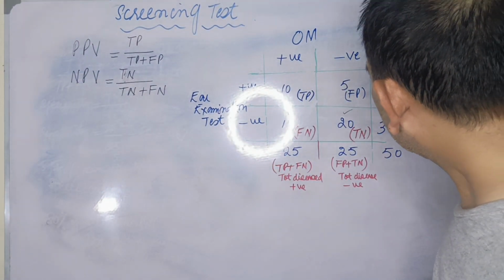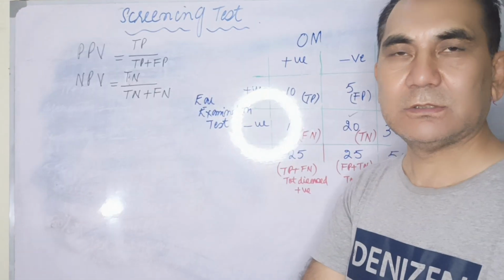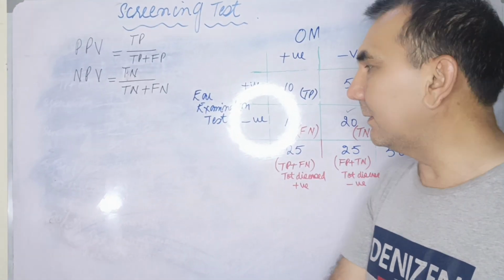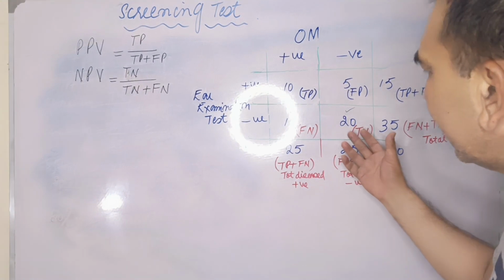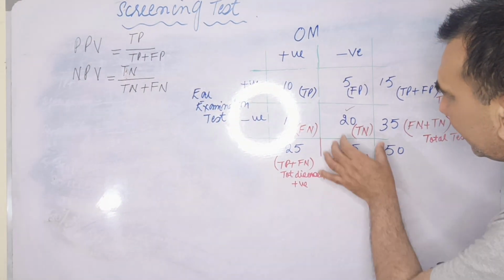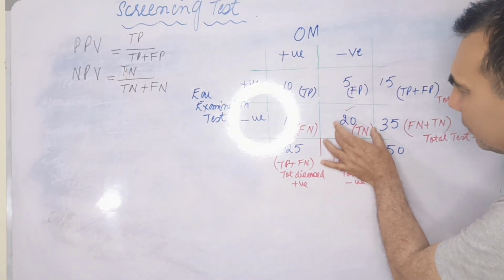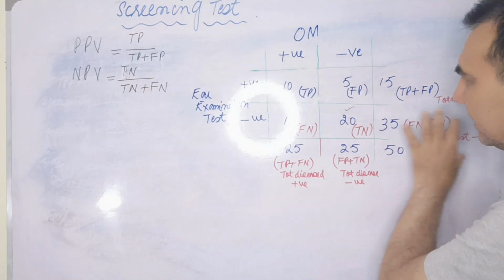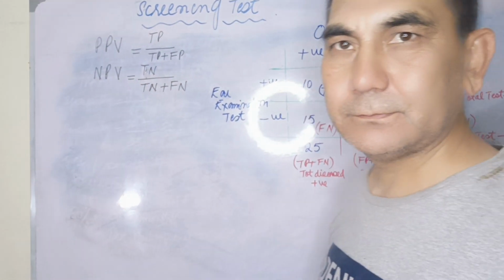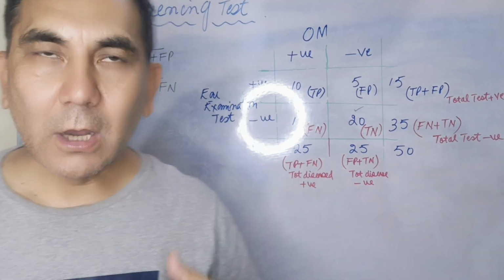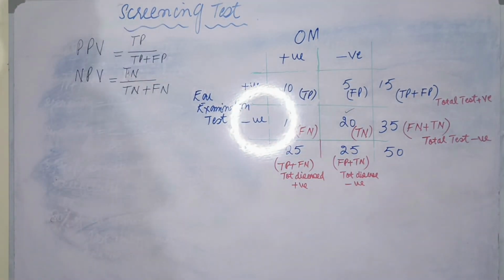And the negative predictive value tells the probability of those who do not have the disease among the test negative people. Okay, now we will calculate it.